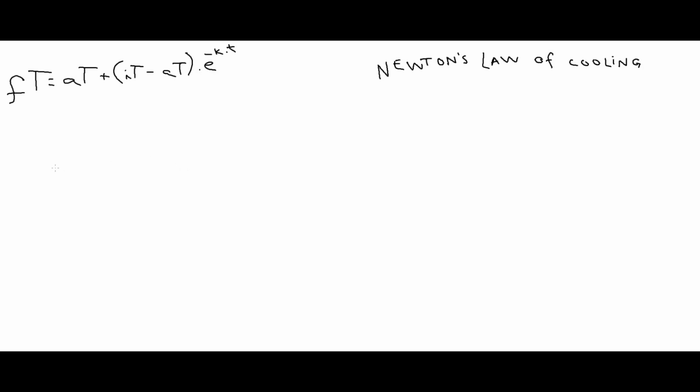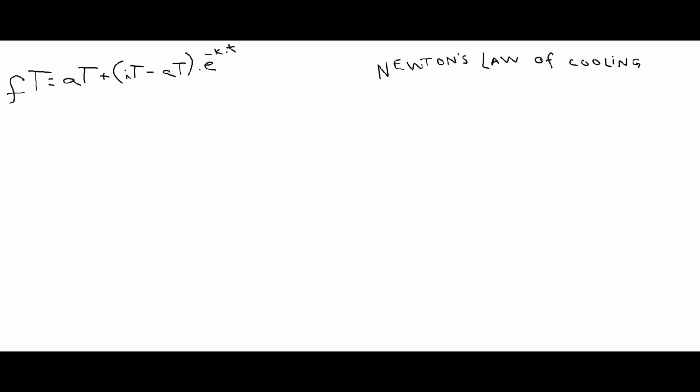Now what we need to isolate is the k, because in this equation it's going to be the constant value.